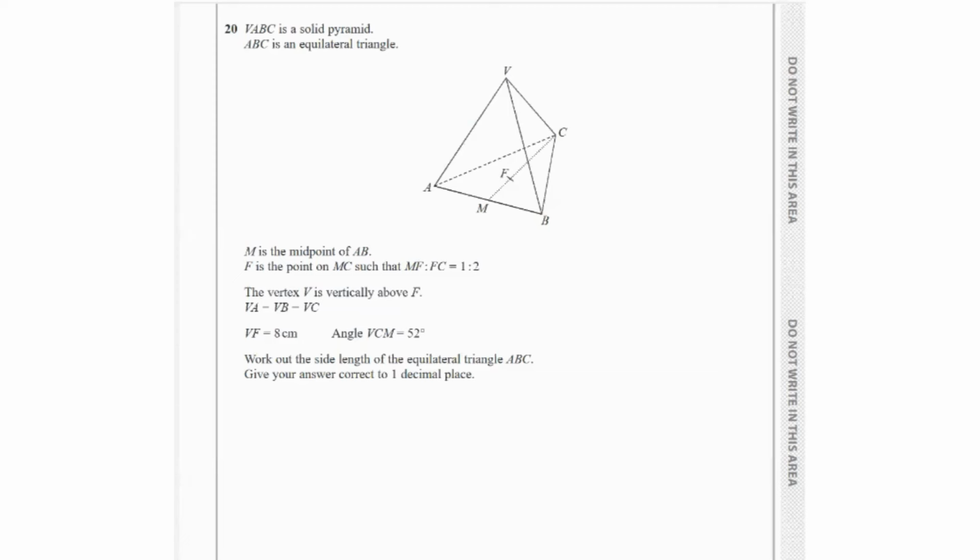So they have told us VCM is 52 and VF is given as 8. So we can see that we have this right angle triangle over here, and using that right angle triangle, we can find the length of FC and then use that to find the length of MF and MC.